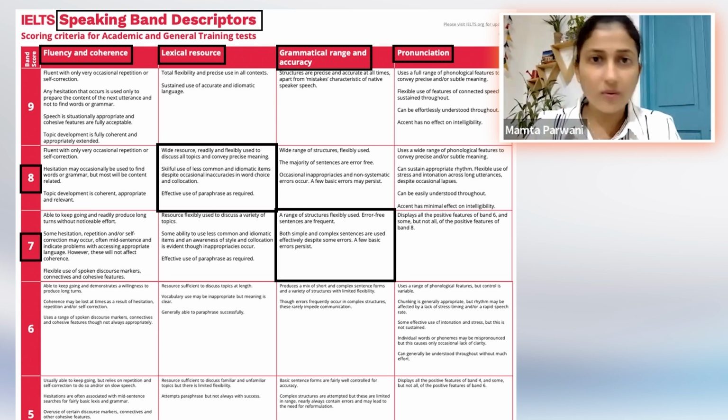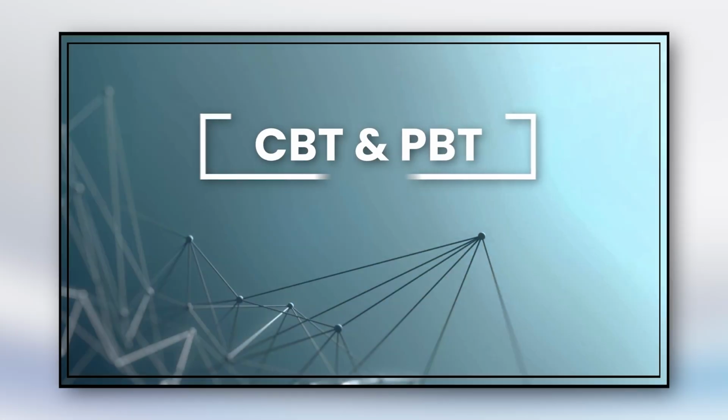So this is how your score is calculated again for speaking as well, just like for writing. I hope now the idea is clear how your writing and speaking band scores are calculated and what is the importance of band descriptors, right? That is the reason why we need to focus a lot on band descriptors when we will be doing these modules in the session.